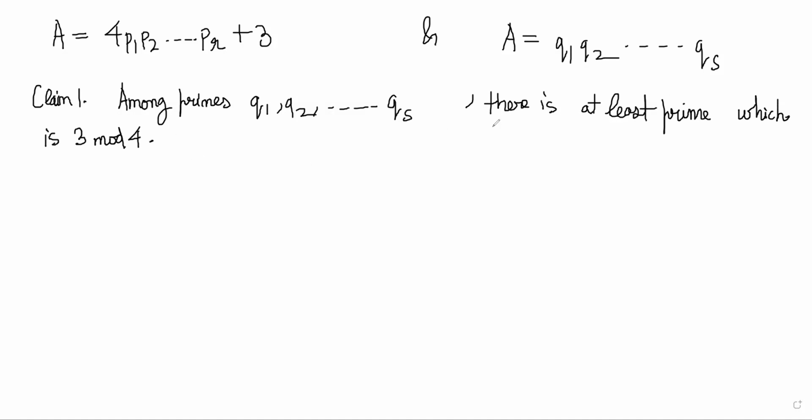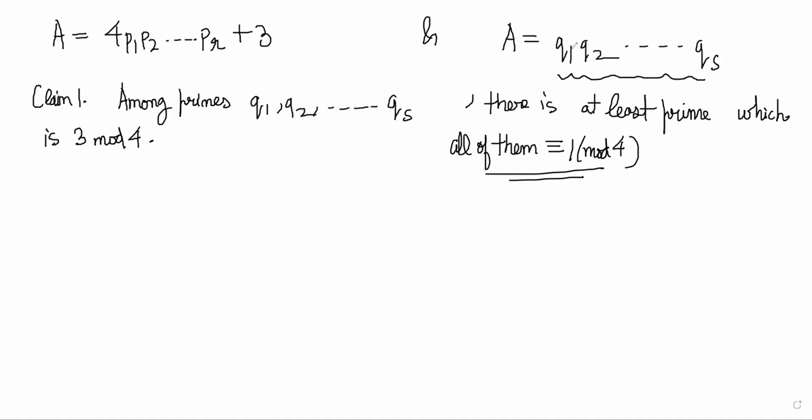Why is that so? Suppose there is not a single prime which is 3 mod 4 here. So obviously if not a single one of them is 3 mod 4, then all of them are congruent to 1 mod 4. But what will that ensure? If all of the primes are 1 mod 4, then the product of the primes, A, is also 1 mod 4, right? If every prime here is 1 mod 4, the product becomes 1 mod 4.